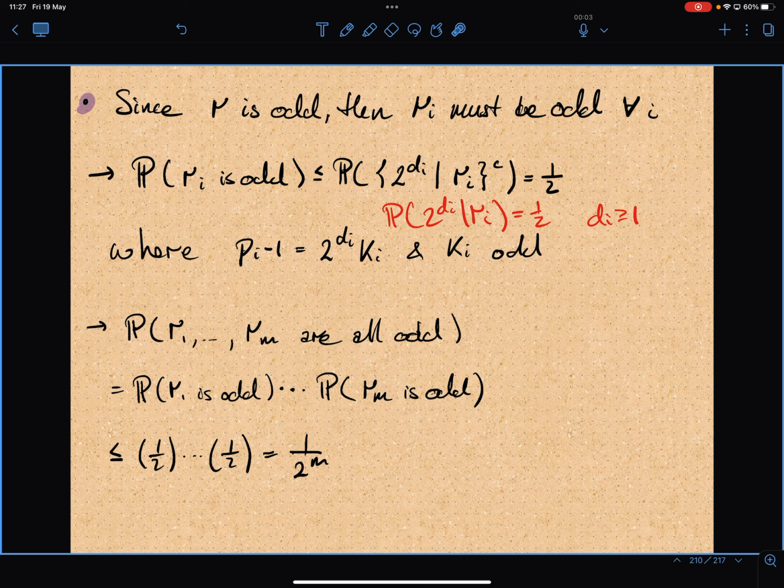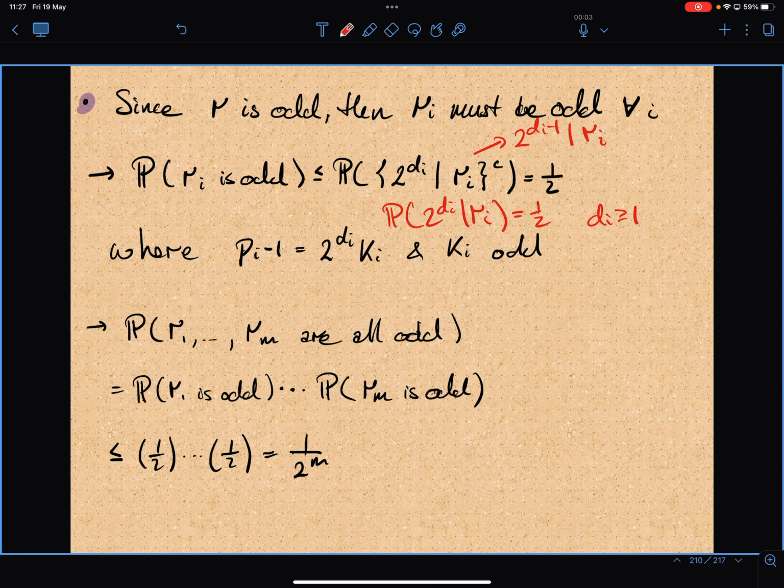The reason that we don't have equality is that, in this event that 2 to the di divides ri, since di could be strictly greater than 1, then potentially the complement of 2 to the di divides ri could include the case where 2 to the di minus 1 divides ri, which still makes it even.